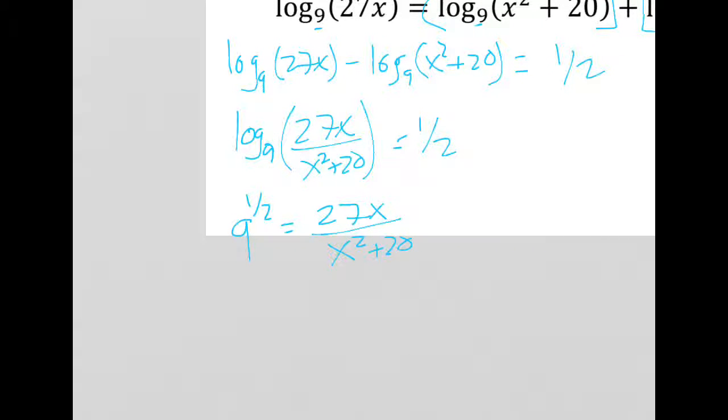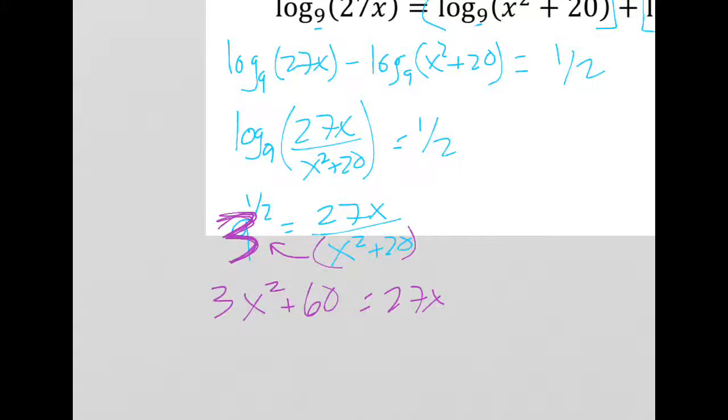And now 9 to the 1/2 is just the same as the square root of 9, which is 3. And so I'm going to multiply this denominator up to write this in quadratic form, and I will get 3x squared plus 60 equals 27x.